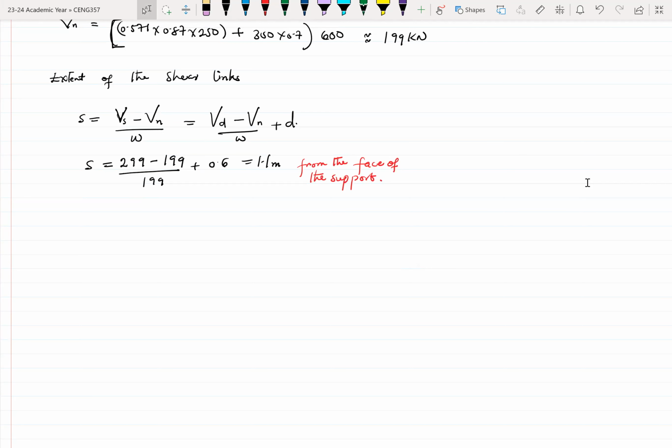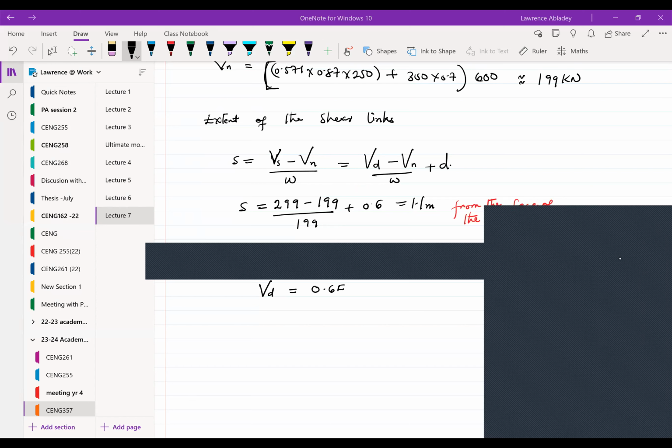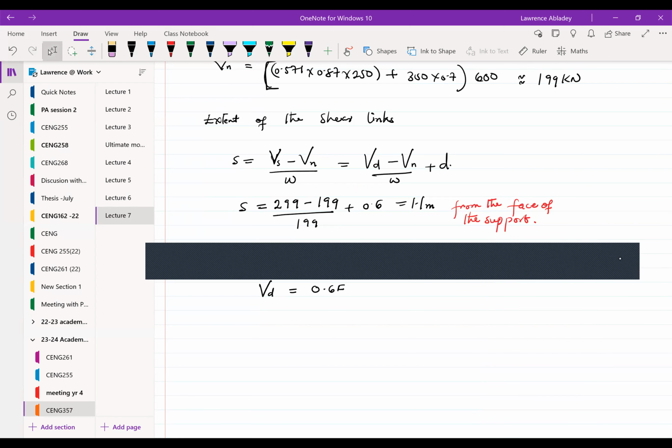So for those, VD will be equal to, I think the highest there is, 0.6 F. Take note. So our VD will be 0.6 F.